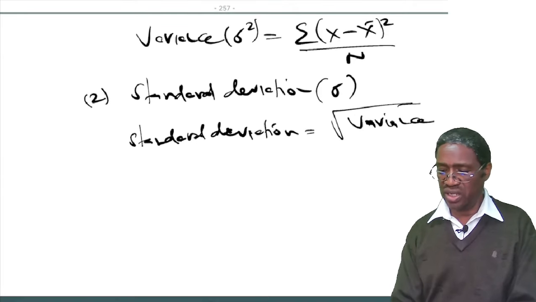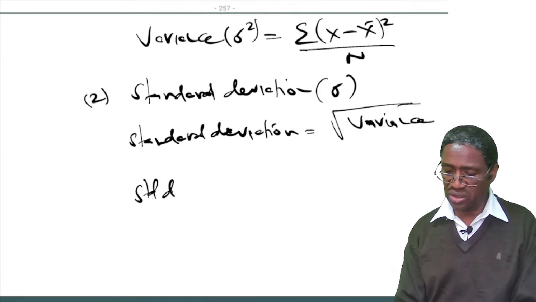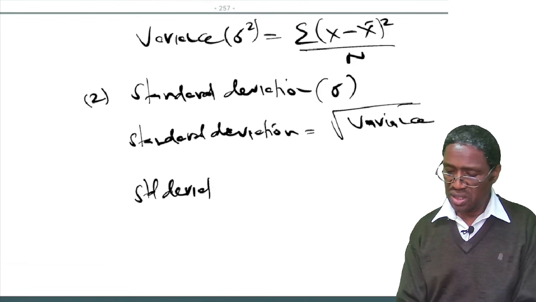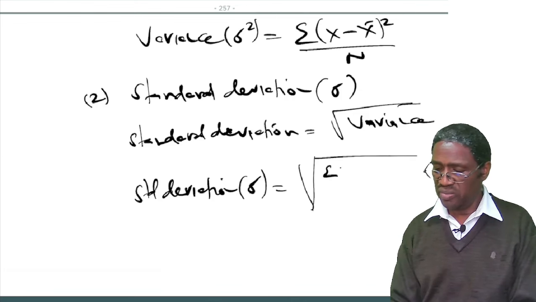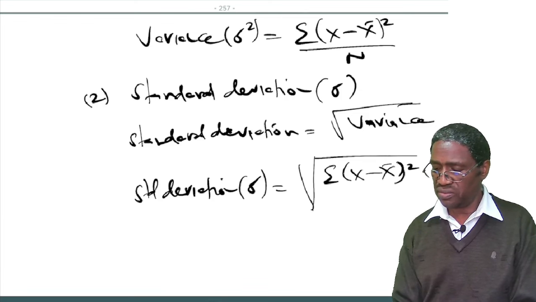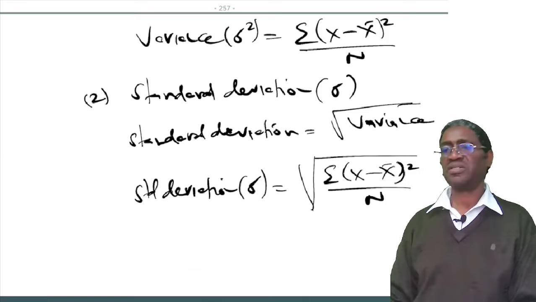Standard deviation theta is given by the square root of summation of x minus x bar squared divided by n.